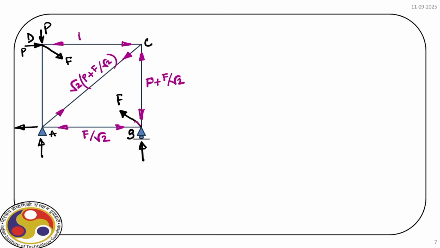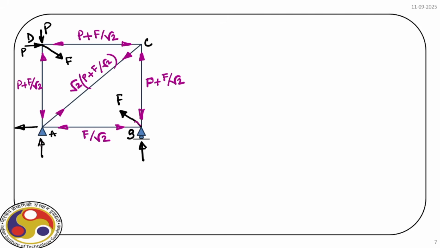And this is P plus F by root 2. Then if you come to member AD, here also you can identify the direction of the member force, and this is P plus F by root 2.